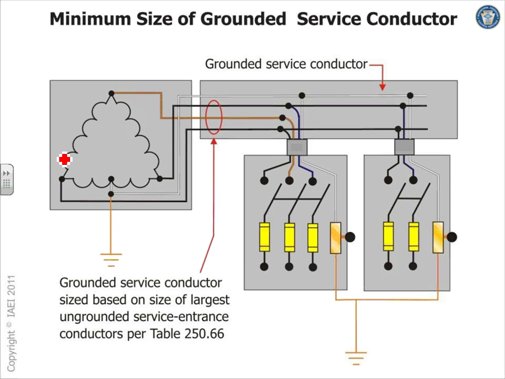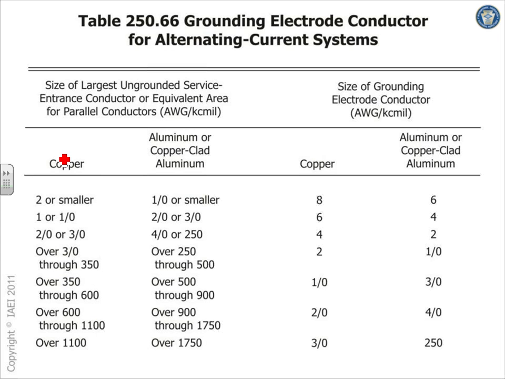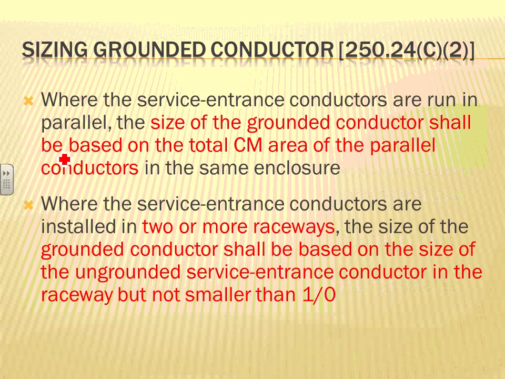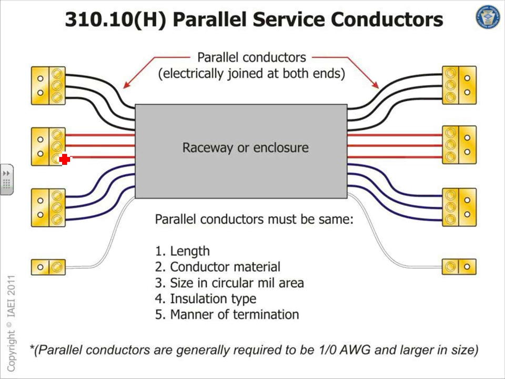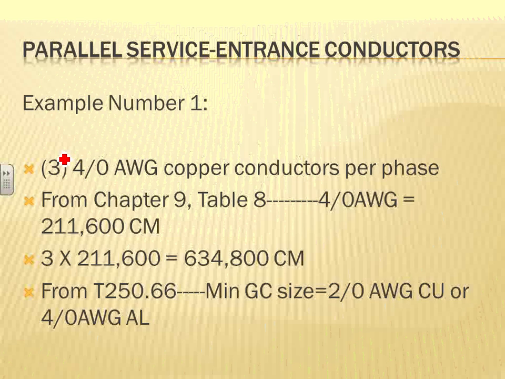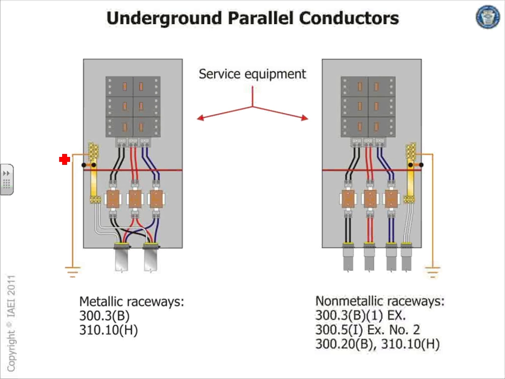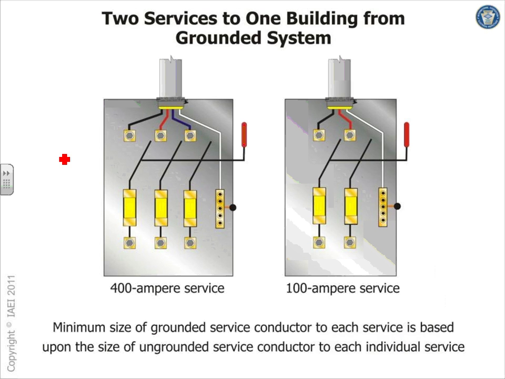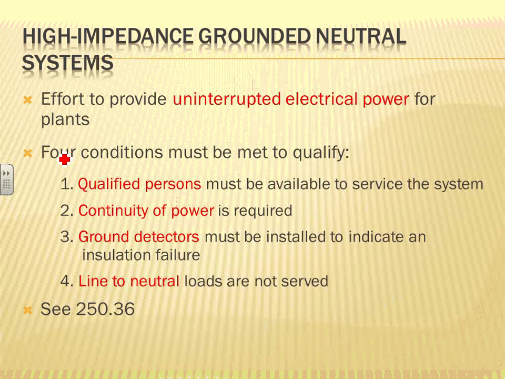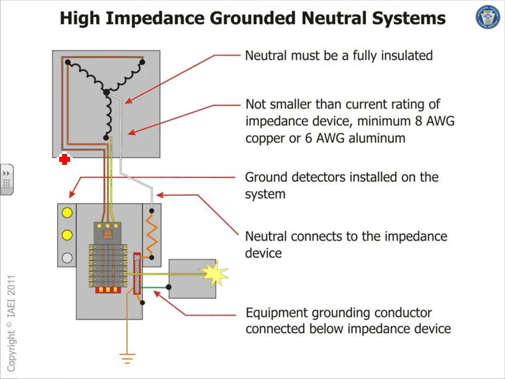Okay, size of the grounded service conductor. We talked about the sizing, guys. Talked about all these dwellings. Talk about all service. This just talks about all the sizes that we showed you guys. Metallic, non-metallic, underground.